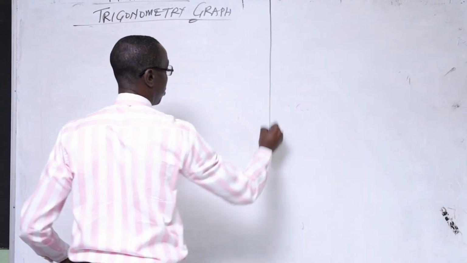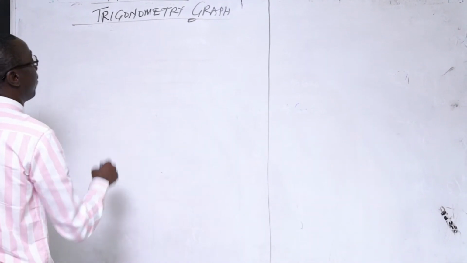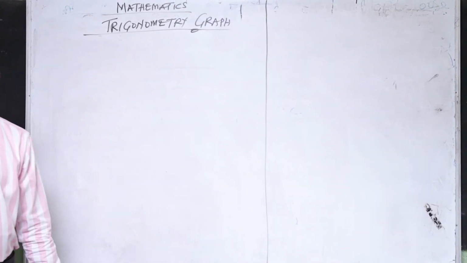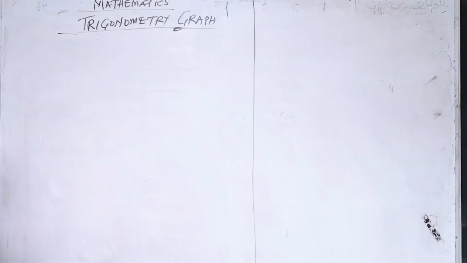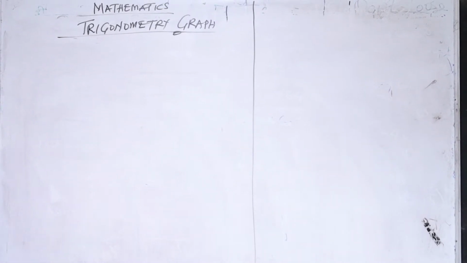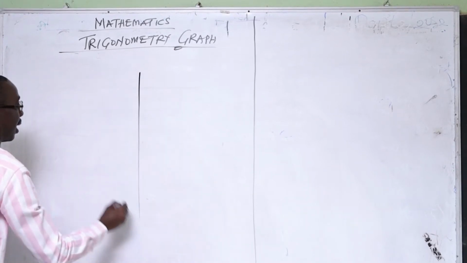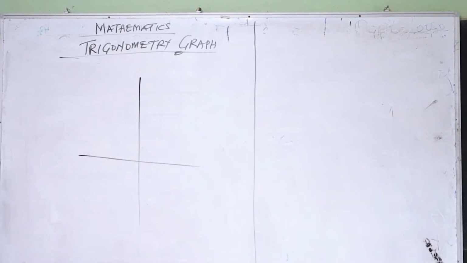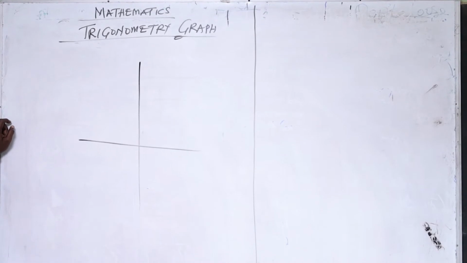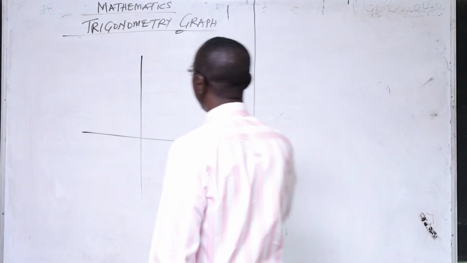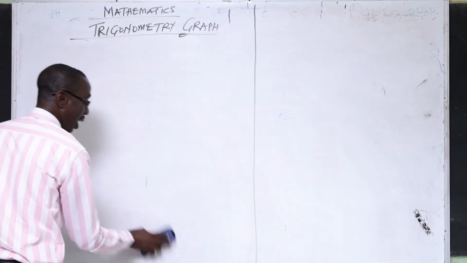I told you that will be our first place of call, but this time around, if you check the values of x, do you have negative values of x? No. So the placement of your axis cannot be like this, class. The placement of your axis will definitely not show negative values of x, because we don't have negative values of x.